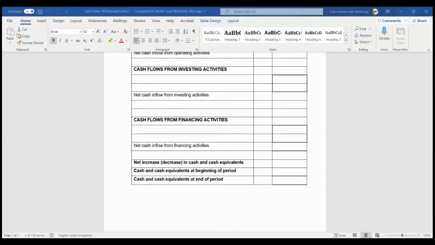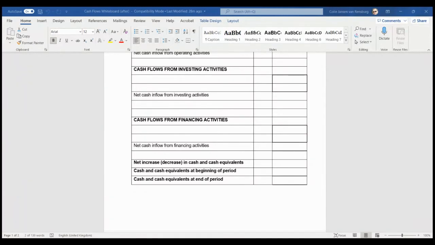But again, here, ladies and gentlemen, important for us to remember, it is not the statement of financial position. This is the statement of cash flows. So we cannot simply describe it as share capital or as a long-term loan. We have to say what happened to that long-term loan, or what happened to that share capital. Is it proceeds from the issue of shares, which will result in an inflow of cash?